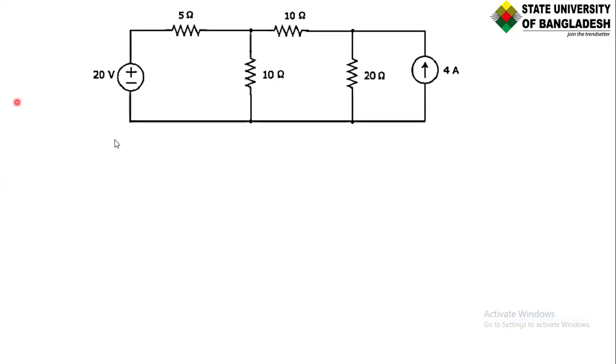Here we can see how many nodes there are. Let's say this one is a node. This one is also a node. This one is a node. And as I told you before, since 4 branches are connected together, this is our common node.